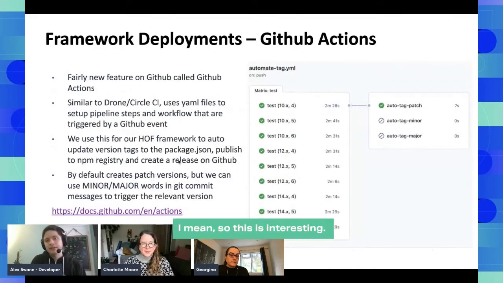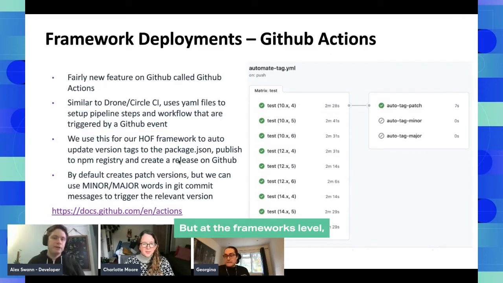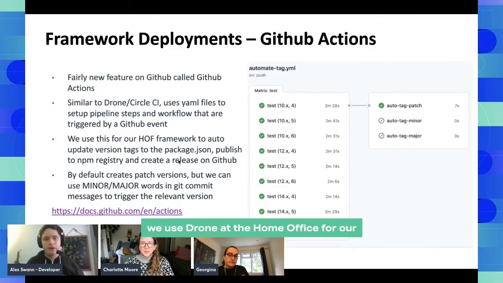GitHub Actions. Oh yeah, so this is interesting. I believe GitHub Actions are fairly new, maybe earlier on this year, or maybe it's my ignorance, maybe they're older than that. But at the framework level, on our HOF repo, we use Drone at the Home Office for our pipeline stuff as well.